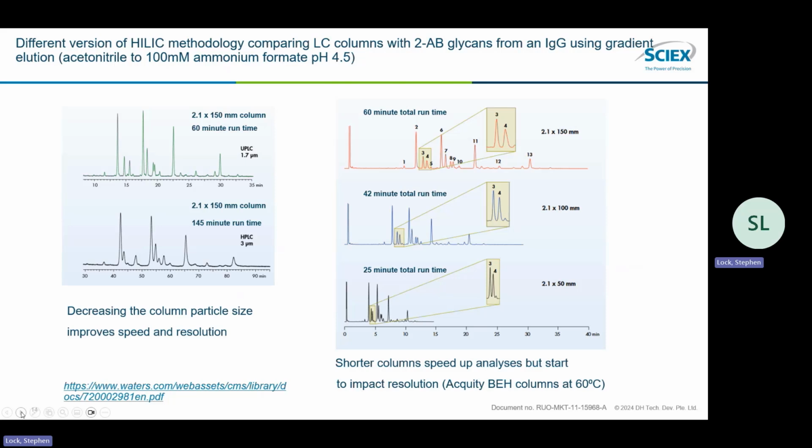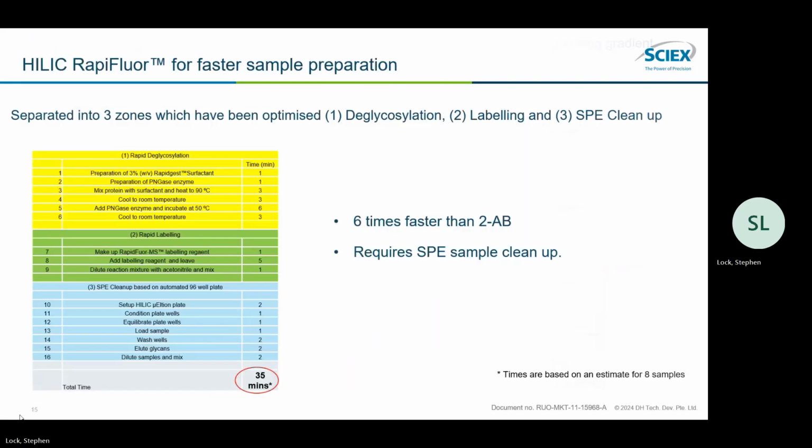But if you want to go quicker, then what you normally have to do is shorten the column. Shortening the column can impact the resolution a bit, but it really speeds up your runtime. So shorter columns have been used. For example, the short BEH columns, again at 60 degrees C, will give you runtimes not of 40 minutes, but down at 15 minutes. So you can cut it by a third because the column is now only 50 millimeters long compared to 150 millimeters. Again, this is all taken from the web, and you can pull this from the reference given at the bottom of the slide.